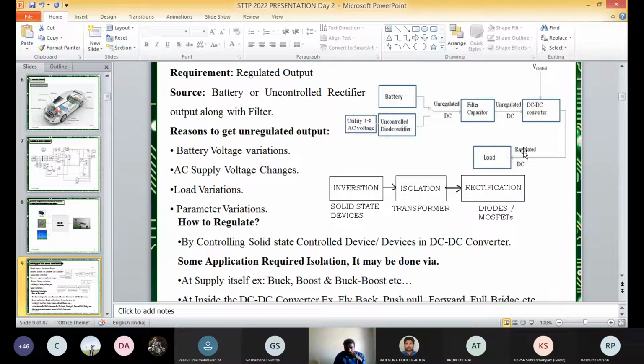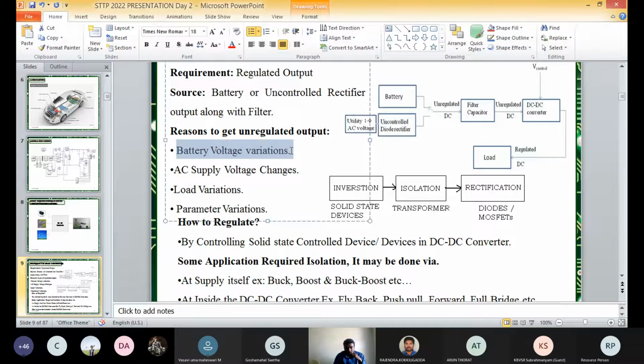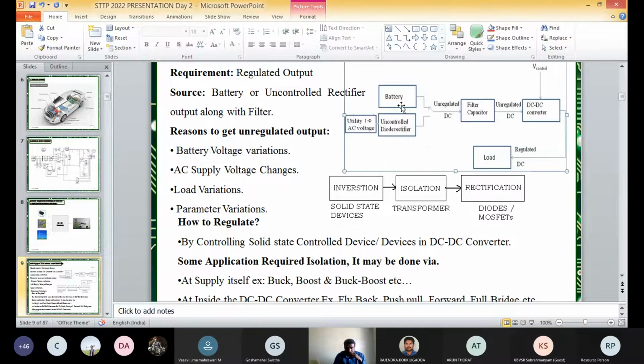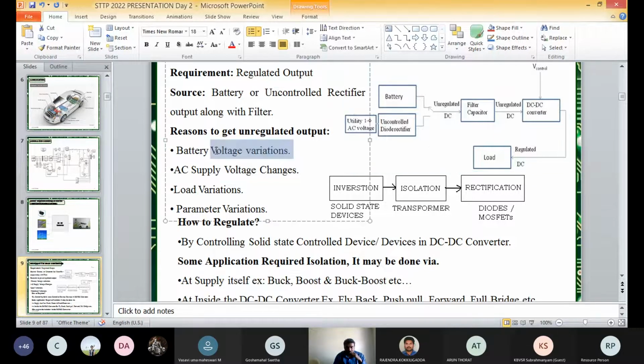Here the question is why we are getting a variable voltage at the source side. The main reasons are, first, variations in the battery performance, due to the aging effect or other factors affecting the battery.